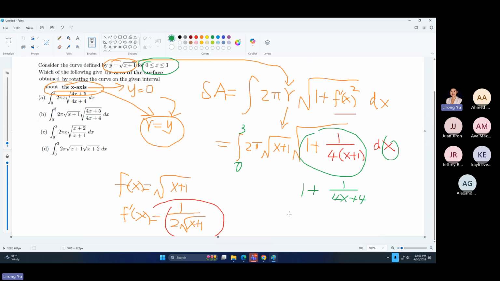So if you want to add it, it's actually 4x plus 4 over 4x plus 4, equal to 1. So this is plus 1 over 4x plus 4. I was just working on the inside of the root, which is equal to 4x plus 5 over 4x plus 4. So that's what's going there.